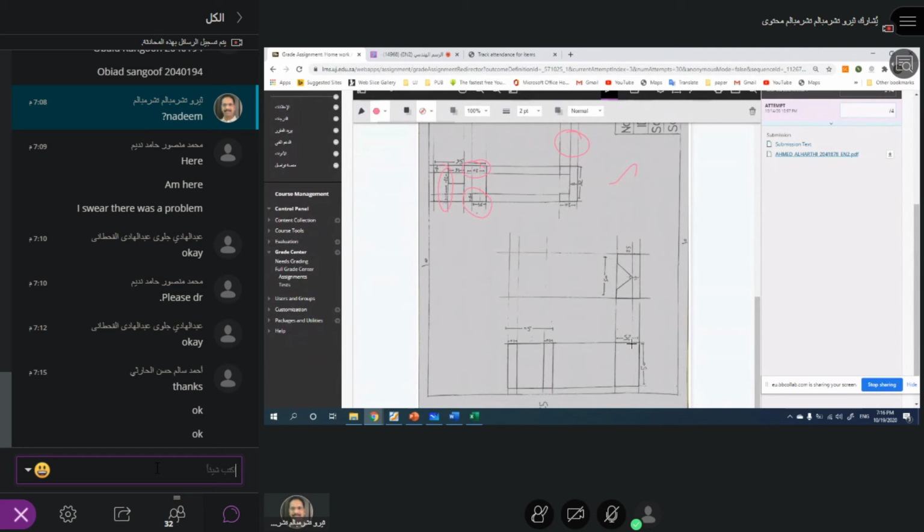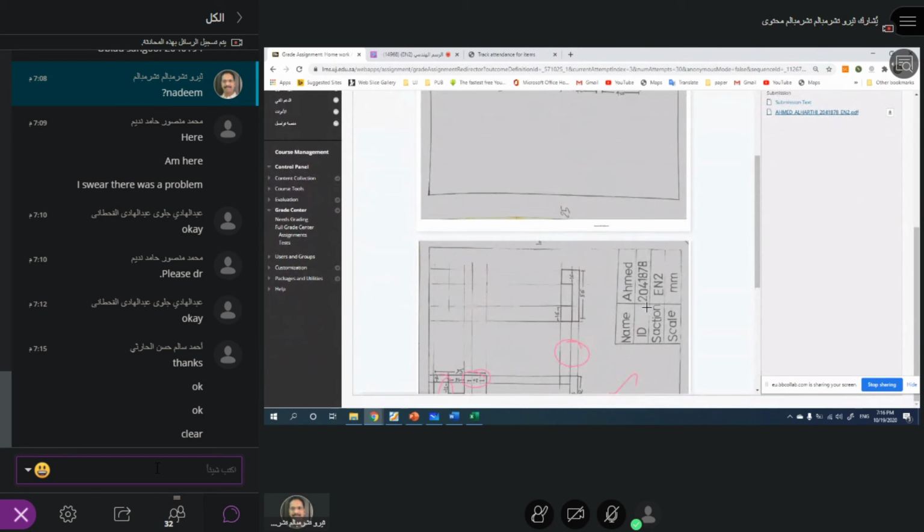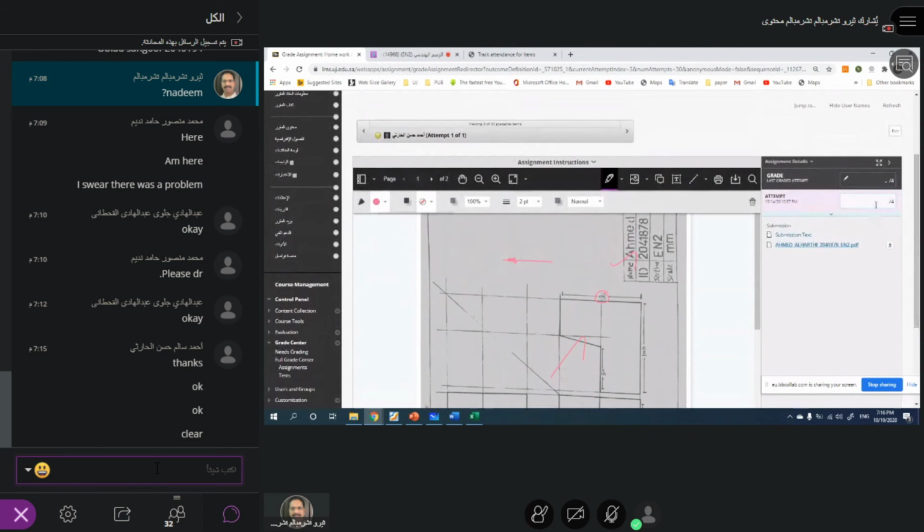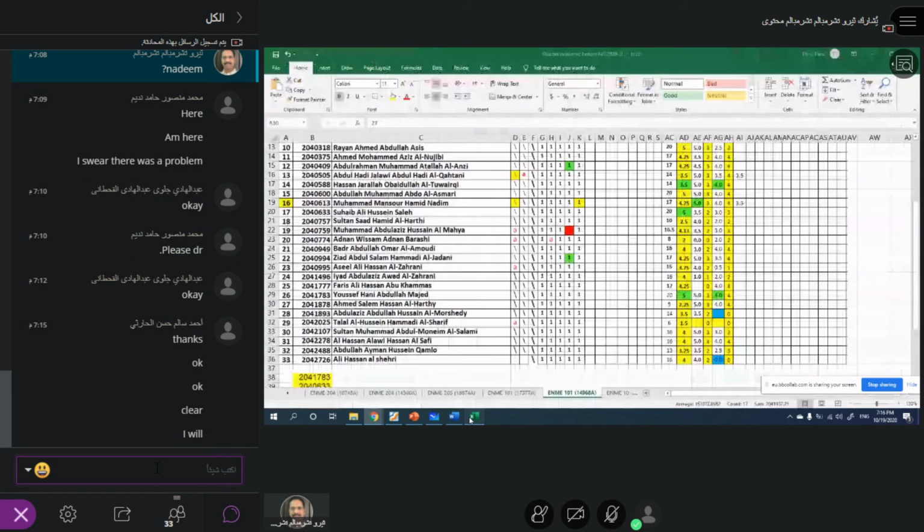And the hidden lines, see, the hidden lines should be here. Excellent. I hope you can change it next time. I'll give you 4 out of 4. But since you missed the hidden line, technically you are 4, okay? But I'm giving you 3.5, but this system will take 4 out of 4. You understand? I'm giving you 4, but the other students should not complain since you have done the same mistake.